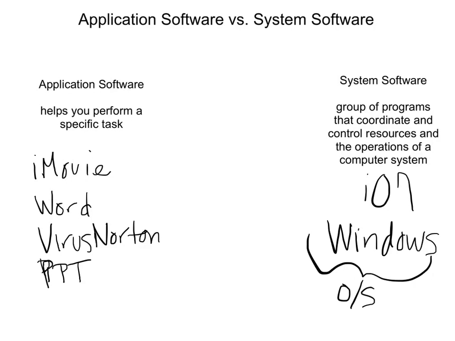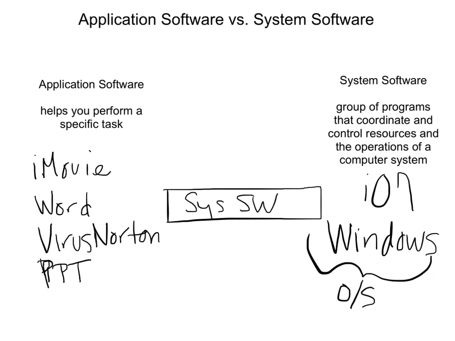Now, system software, let's make that the foundation here. And above it, we place the application software. Because we can't have any application software on our computers, right, if we don't have the operating system.